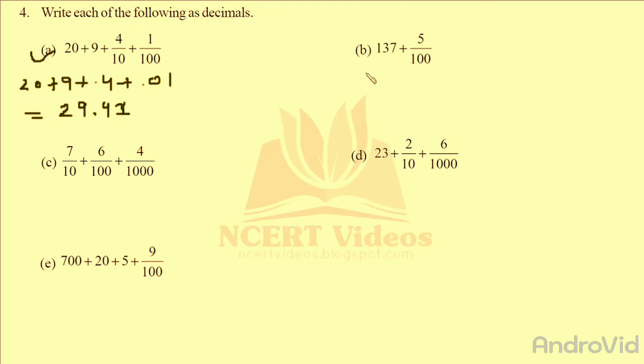That gives you 29.41. 137 plus 0.05 would give you 137.05.